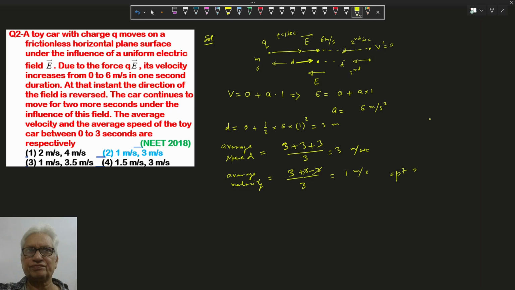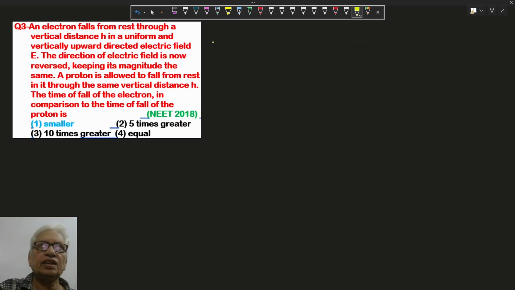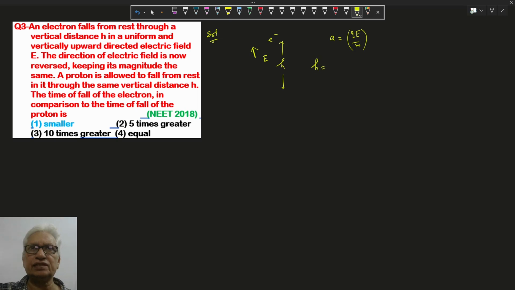Option 2 is correct. In this question, an electron falls h distance under the electrical field. So in this forward direction electrical field, acceleration will be force divided by mass, and h is covered during the time t1 by the electron.